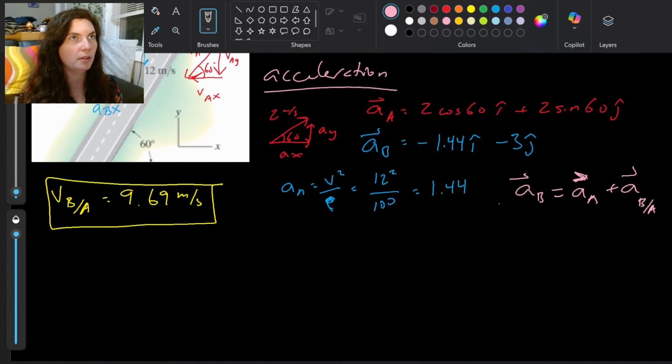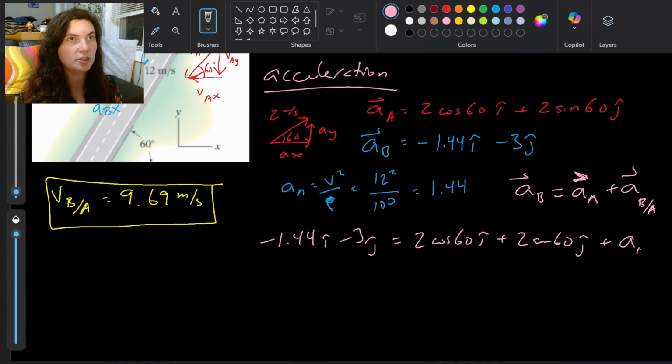So we pop all of those in there. That's going to give us negative 1.44 I hat minus 3 j hat equals 2 cosine 60 I hat plus 2 sine 60 j hat plus acceleration of b with respect to a.